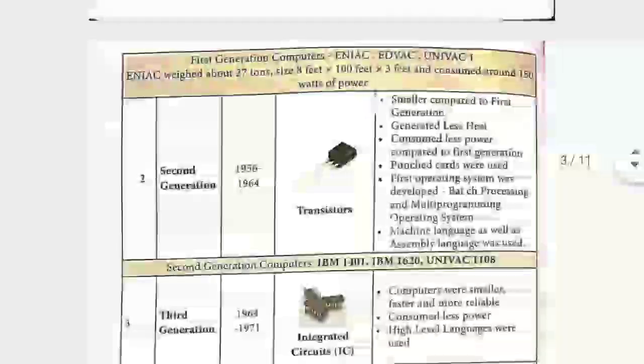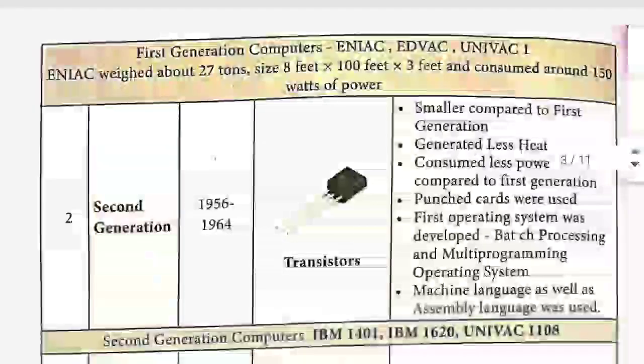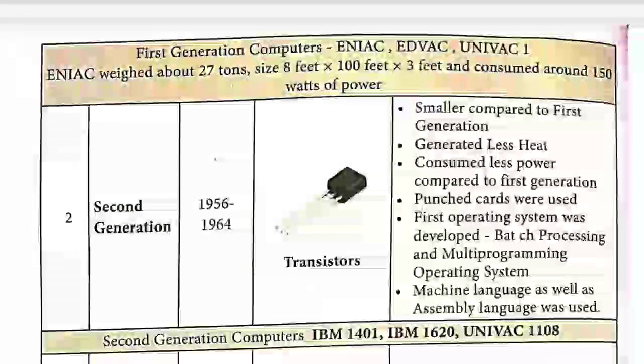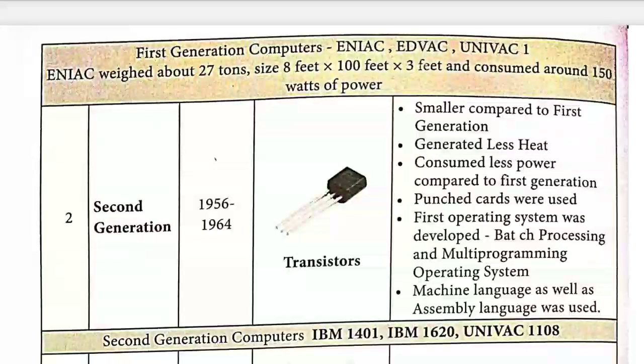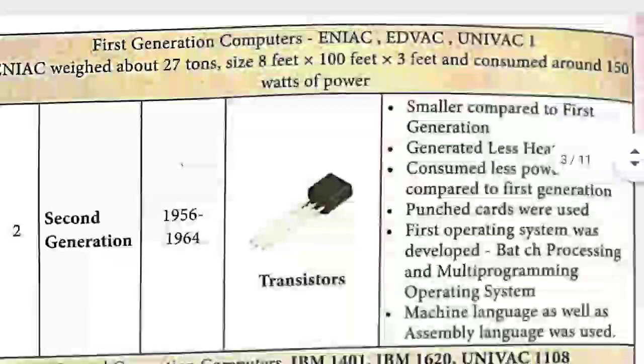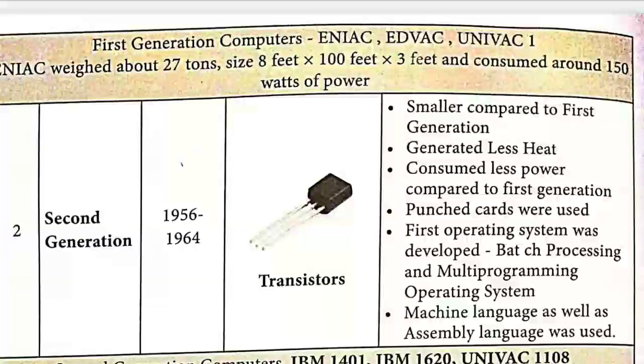So the next thing is the second generation computer. The second generation computer prevailed from 1956 to 1964. They used this device which is known as a transistor. It is a small switch-like circuit which acts like a real switch.